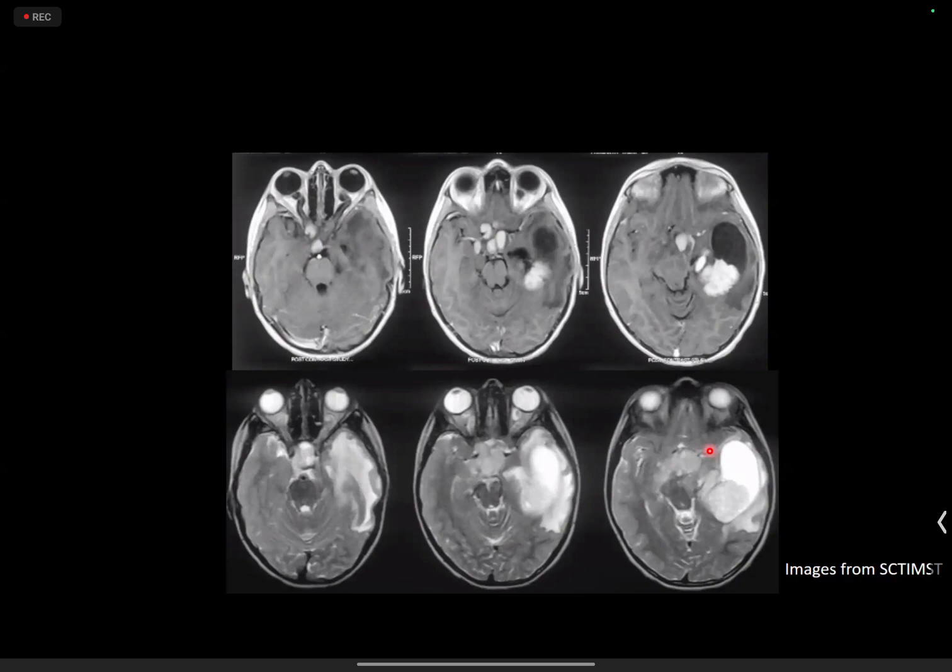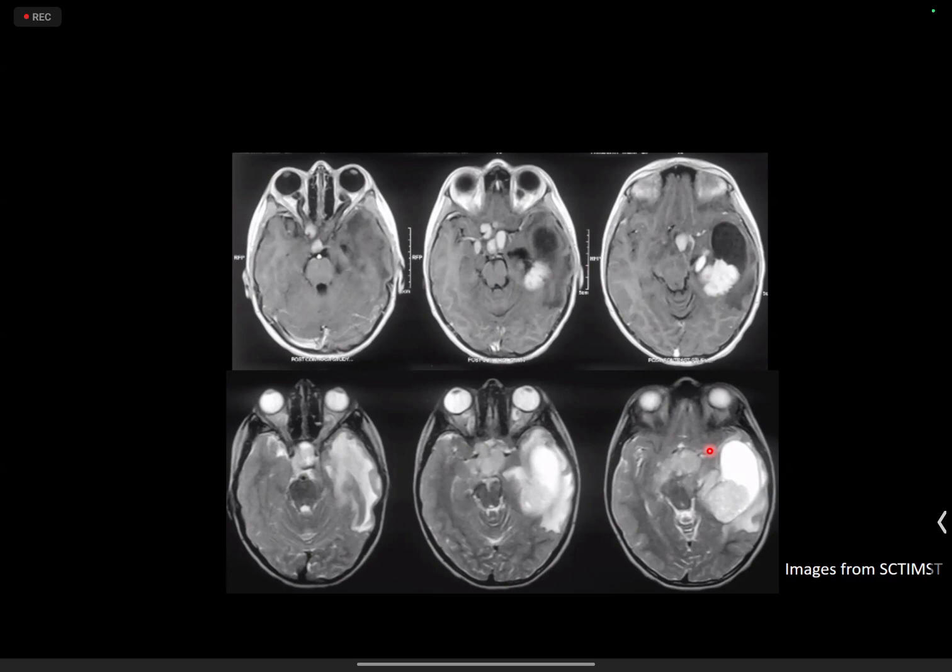Ma'am, the sequences of T1 pre and post contrast and T2 show a solid cystic lesion predominantly in the left temporal lobe. The cystic component is T2 hyperintense, T1 hyperintense, and the solid component is hyperintense on T1 and T2.